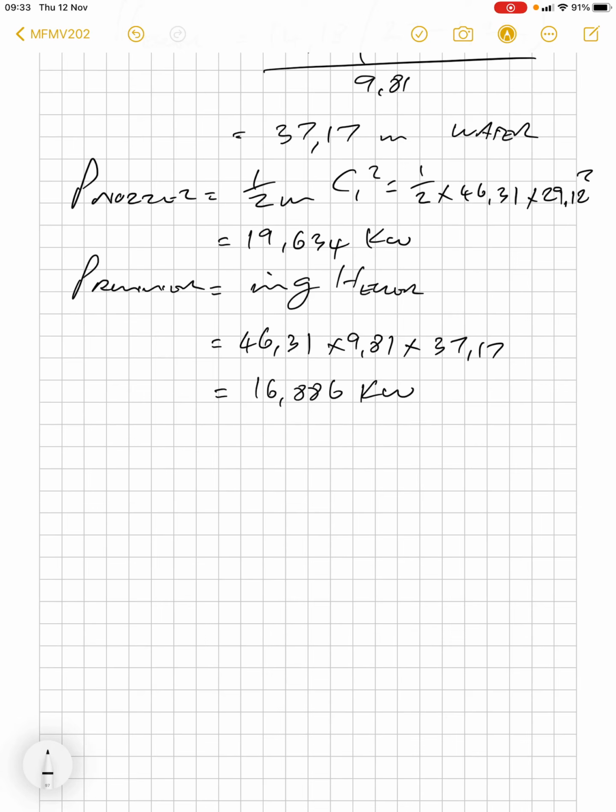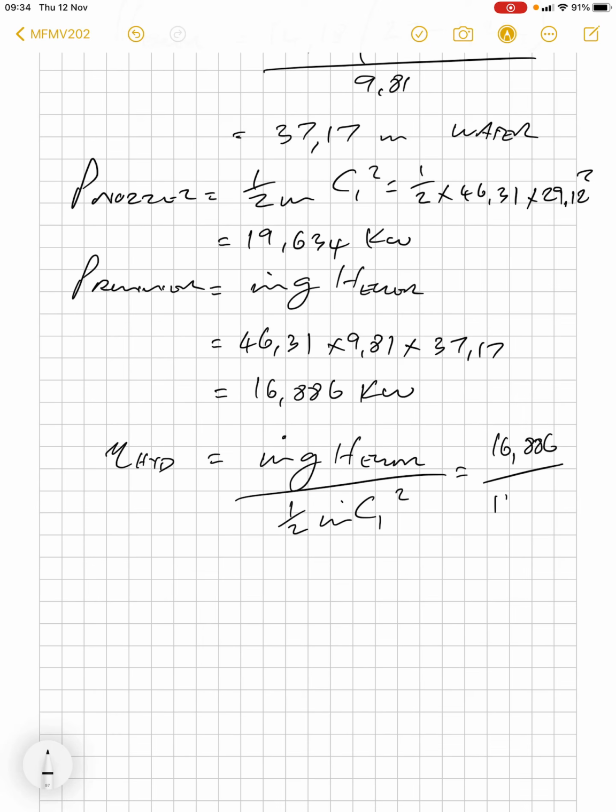All right. We now know that the hydraulic efficiency is mgh Euler divided by a half mc1 squared, and we just worked those out. So we've got 16,886 divided by 19,634, which gives us 86% for the hydraulic efficiency.